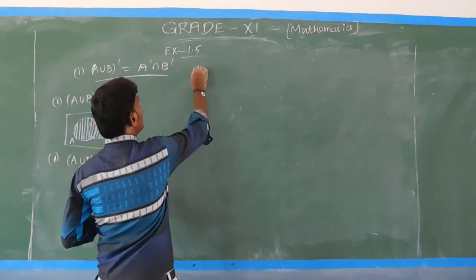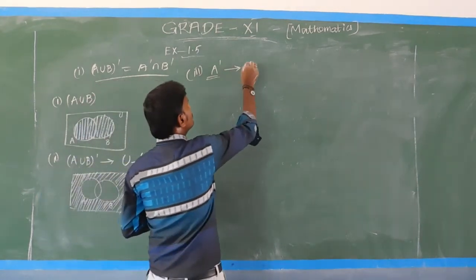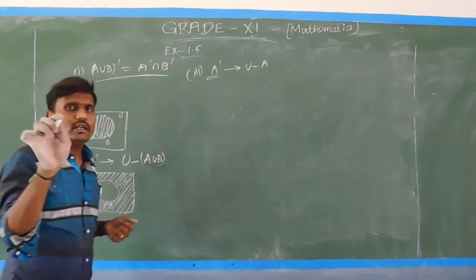Then the third step, I am going to draw A dash. This is very simple, because universal minus A is called A dash.